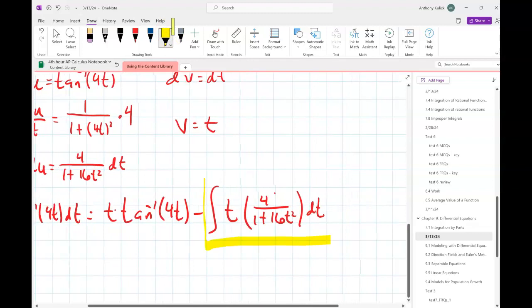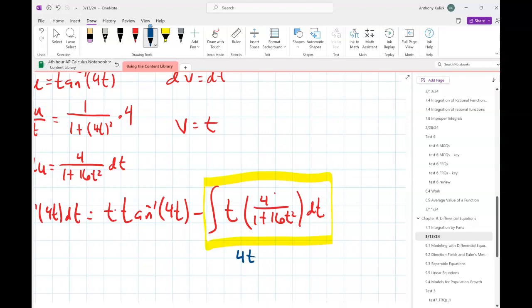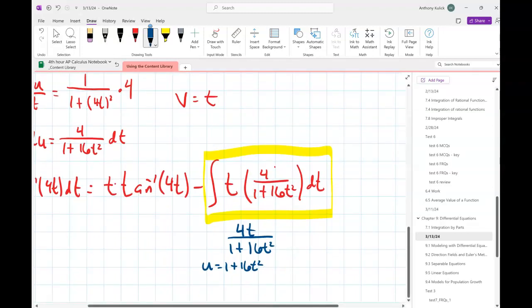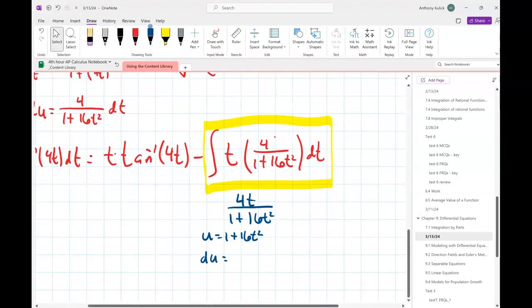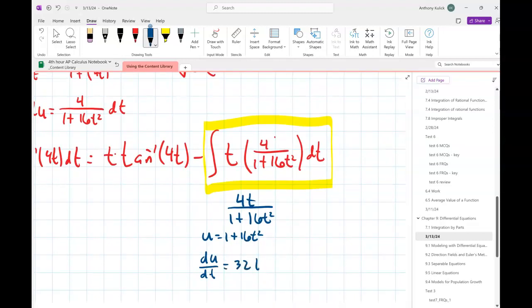So to integrate this piece, I'm going to think about that as like 4t over 1 plus 16t squared. So I'm going to do a u sub here, where u is going to be 1 plus 16t squared. So that means du is going to be equal to, well, I'll write it out. Probably most of us aren't super comfortable doing all the rearranging in our head, right?